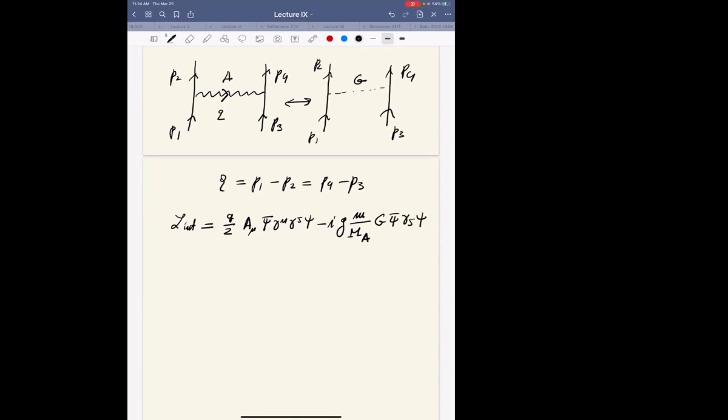I need interaction. I have the momenta. What else do I need? I need the propagators. Let's put them once again so that if you do want to look at the notes, it's all here.